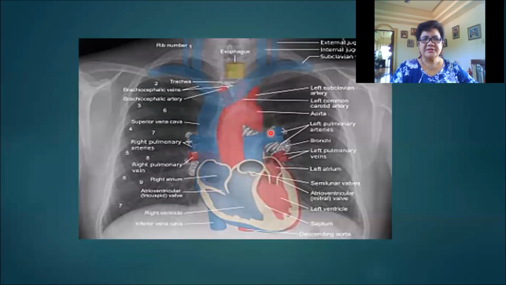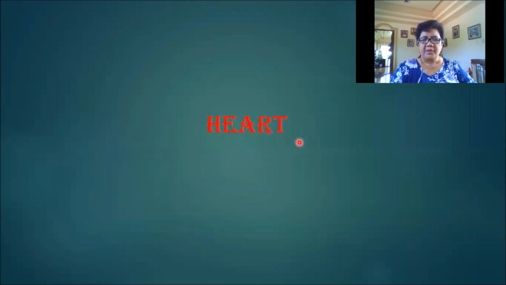So this is just an illustration of the content of the thorax, which is occupied by your mediastinum. So you have here the heart and also the vessels that will come in. And on the dark background are the lungs. Now we go to the heart.